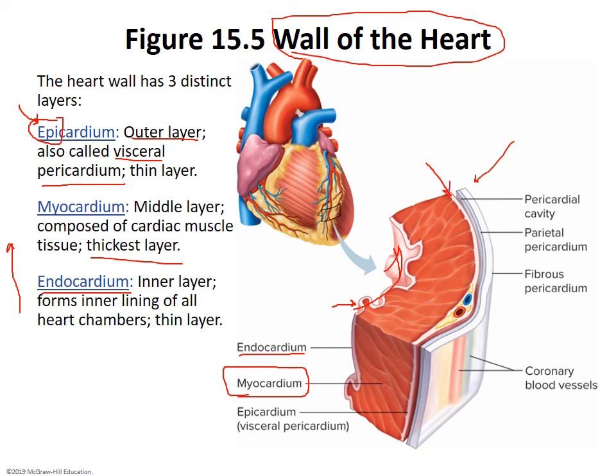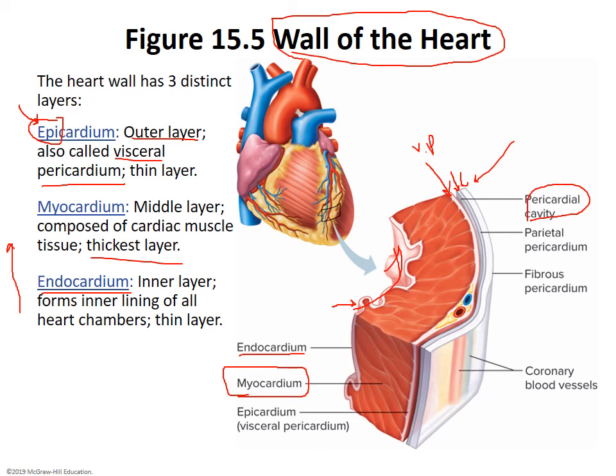It's the same structure, but if I'm looking at membranes, I have fibrous pericardium on the outside. I have parietal pericardium in the next layer down. I've got this pericardial cavity, and then I have the visceral pericardium if I'm looking at the membranes.